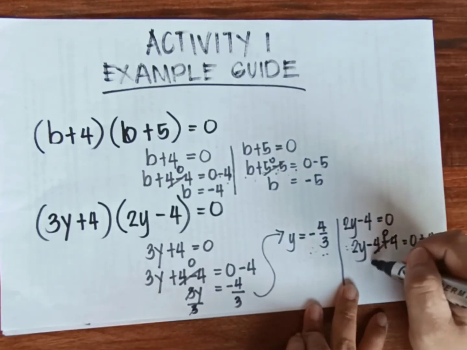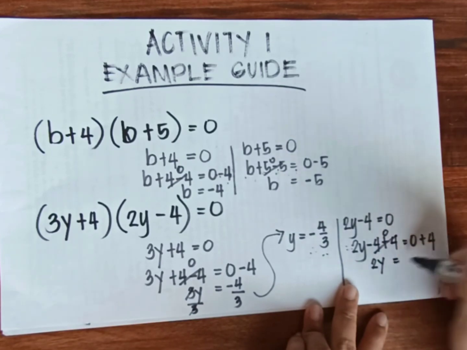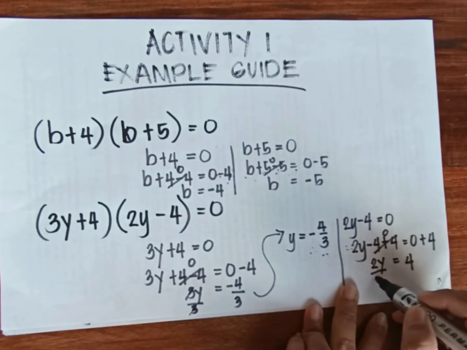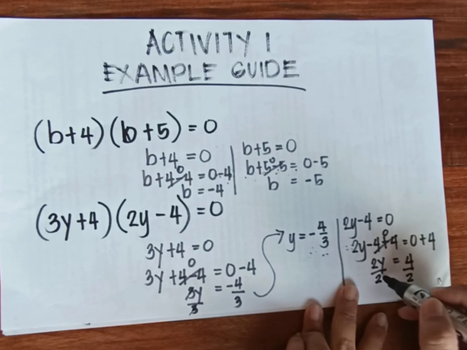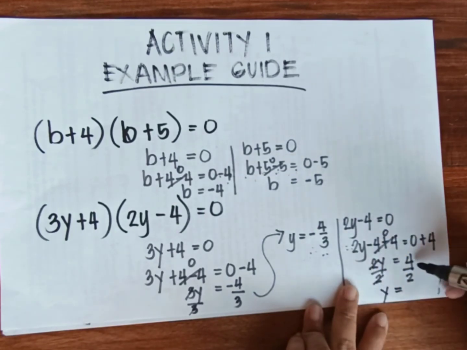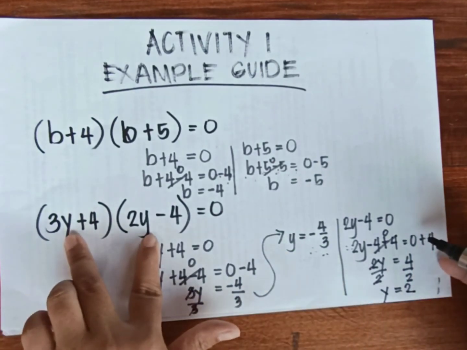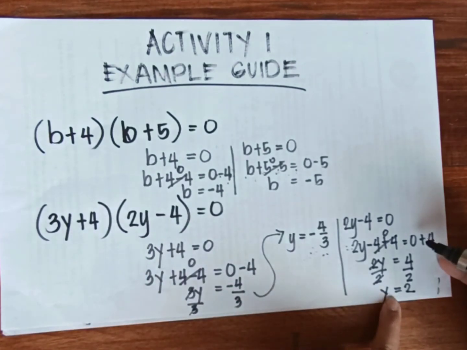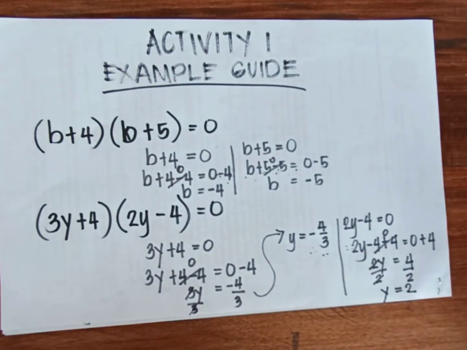So, what is left is 2y equals to 0 plus 4. That is 4. Again, y still has a 2 with it. So, divide both sides by 2. So, this becomes 1. What is left is y equals to 4 divided by 2 is 2. So, therefore, the values of y here are negative 4/3 and positive 2. Okay? So, that is what you will do in activity 1.